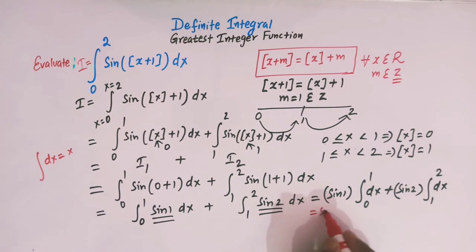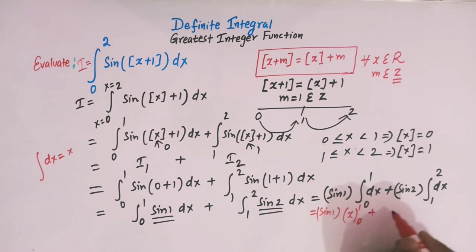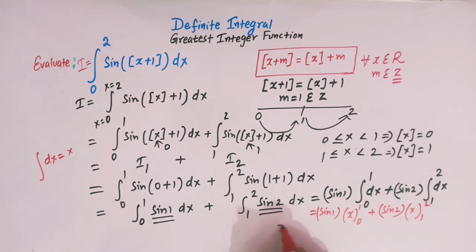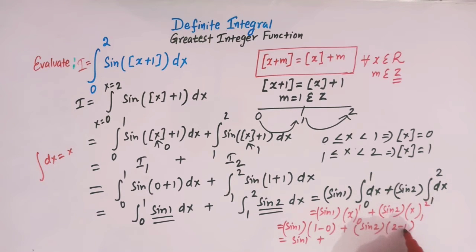So we have sine 1 times x from 0 to 1, and sine 2 times x from 1 to 2. So we can write sine 1 times 1 minus 0, and sine of 2 times 2 minus 1. This is 1, so we have simply sine of 1, and 2 minus 1 is 1, so we have sine of 2.